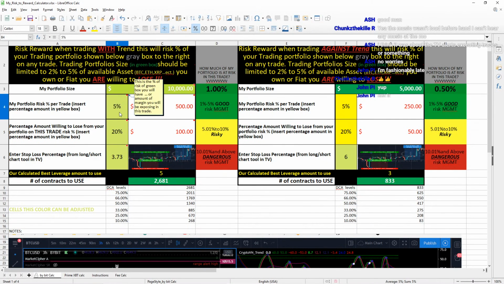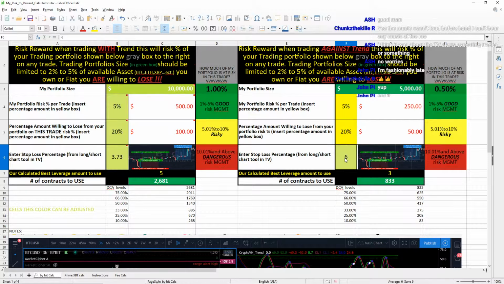And just to give you a couple different examples, there's different ways to play this spreadsheet. And this side of the spreadsheet is for if you're trading with the trend. I have it over here where it does the math in half if you're trading against the trend. Okay? As you can see, it dropped your risk by half.